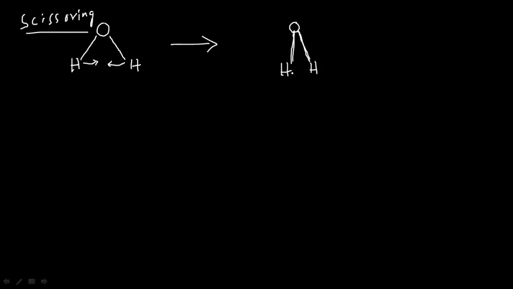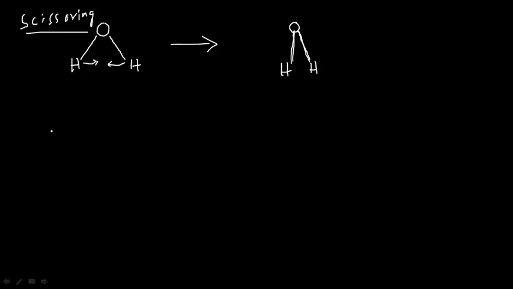When the hydrogens elongate, this will give us the original structure. This type of movement is known as scissoring. When the two hydrogen atoms are coming near to each other and going apart, then the type of vibration we call scissoring.